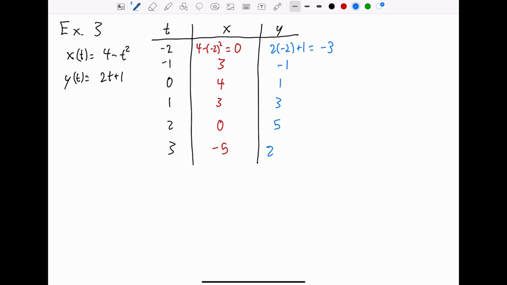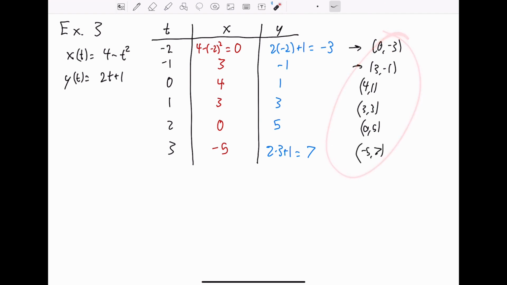And finally, 2 times 3 is 6, plus 1 is 7. So here are the corresponding y values. Once again, these give us xy pairs. We have (0, -3), (3, -1), (4, 1), (3, 3), (0, 5), and finally (-5, 7). These are points that lie on the parametric curve defined by these equations.